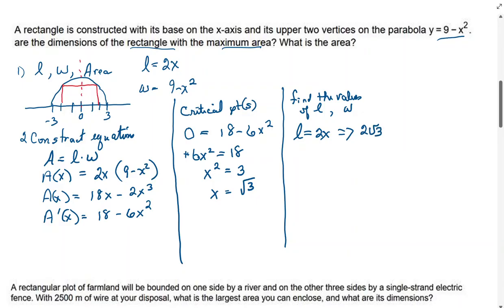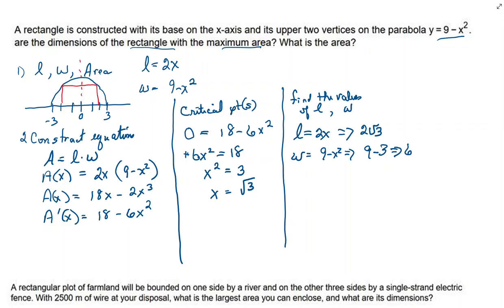Is everybody good with that? Yes? Okay. Then our width is going to be 9 minus x squared, which gives me 9 minus 3, which comes out to be 6.